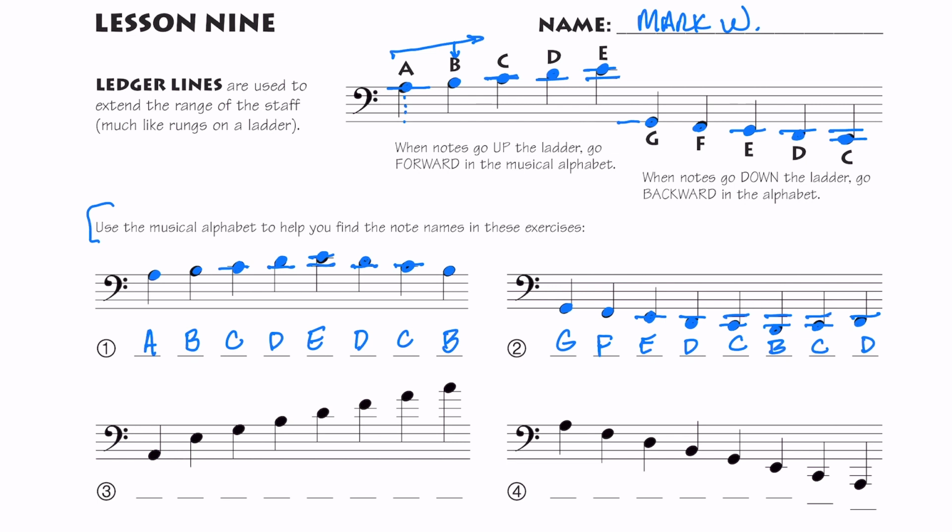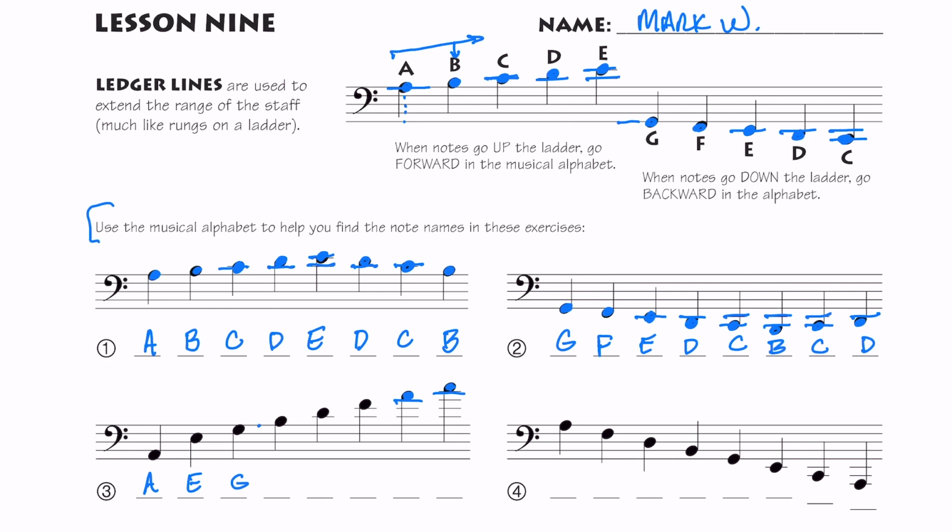Number 3, notice that all of these are spaces. None of these have a ledger line going through the note. The notes are always above the ledger line or in between the ledger lines. All cows eat grass. Now I'm just doing every other note.